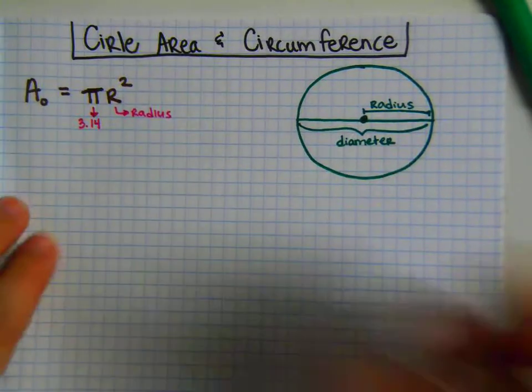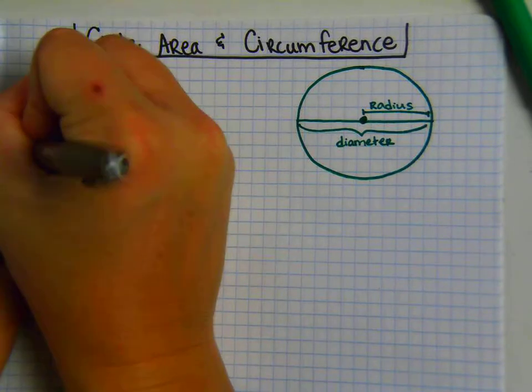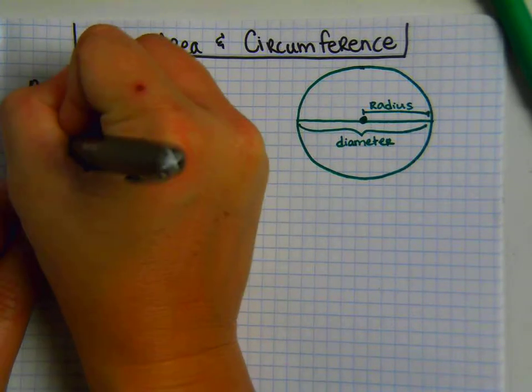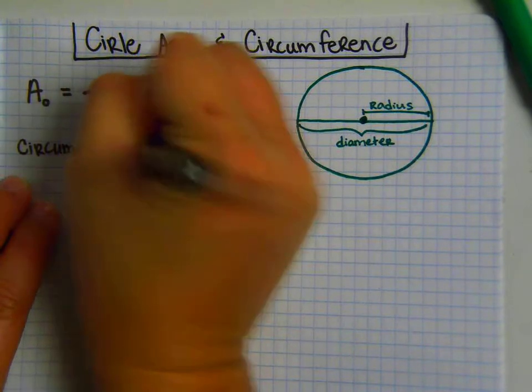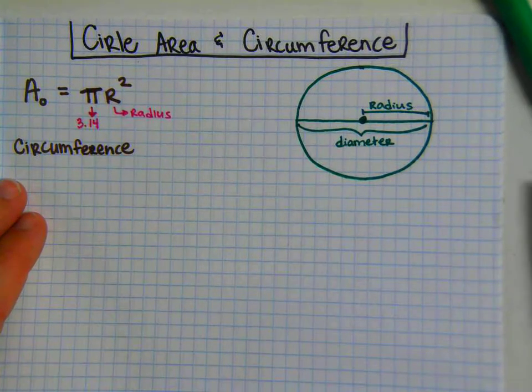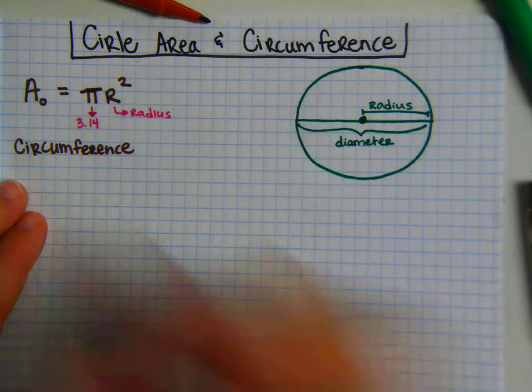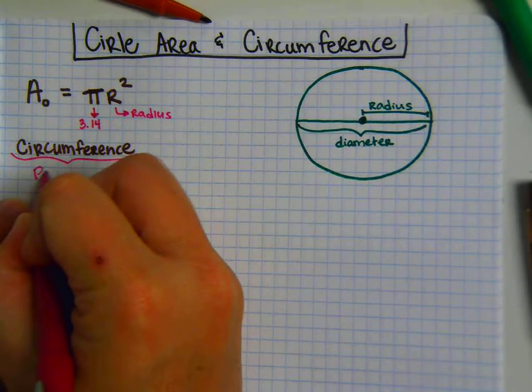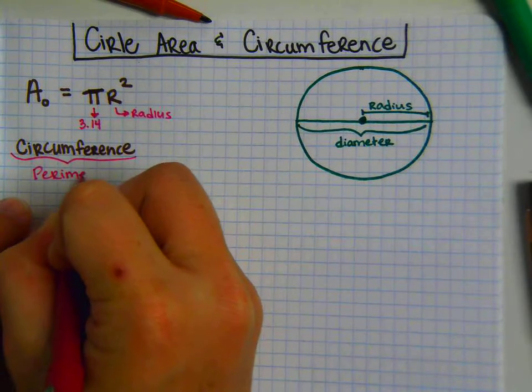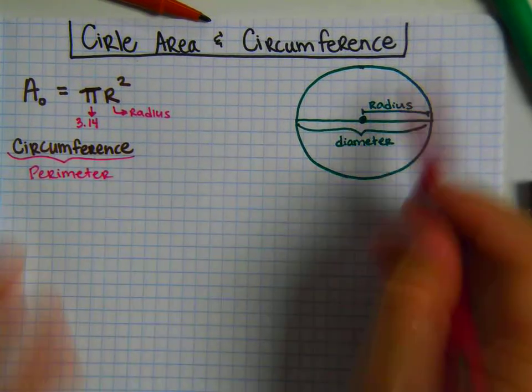Now the circumference of the circle. The circumference is just the perimeter, which means it's all the way around.